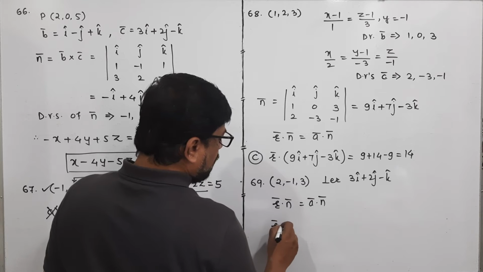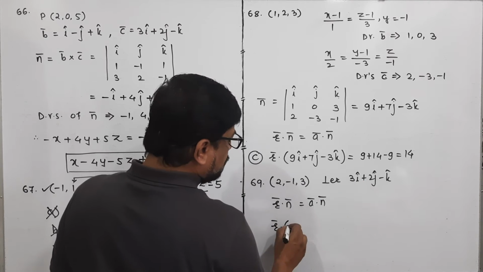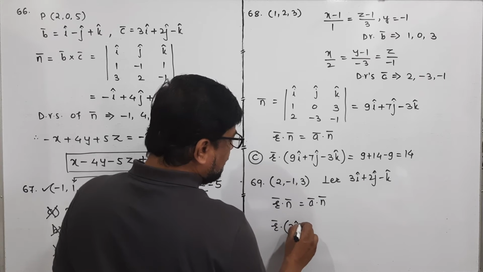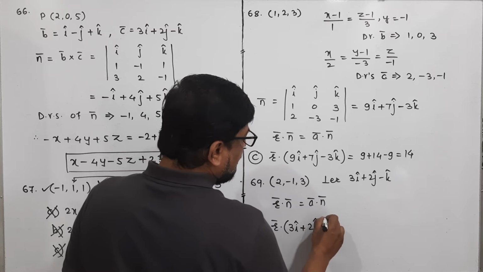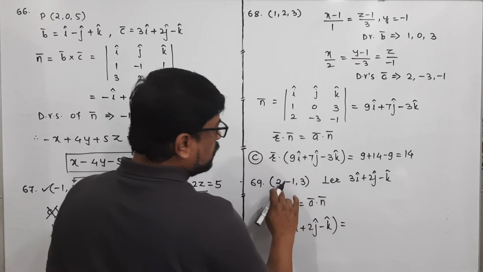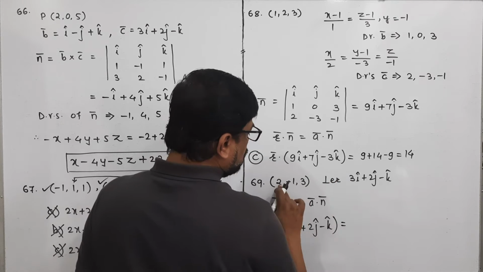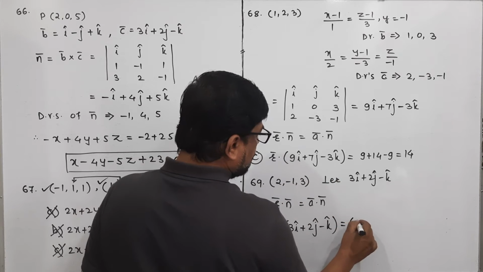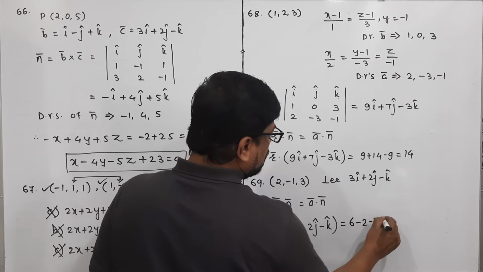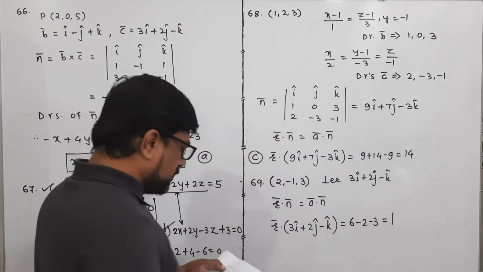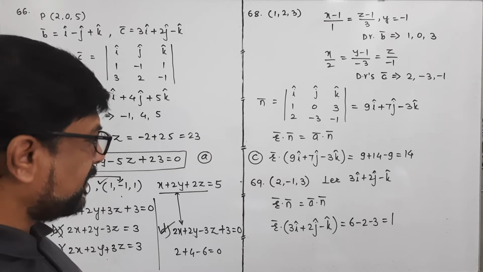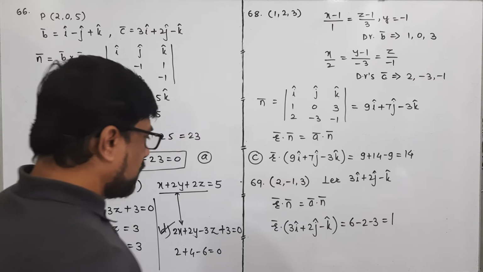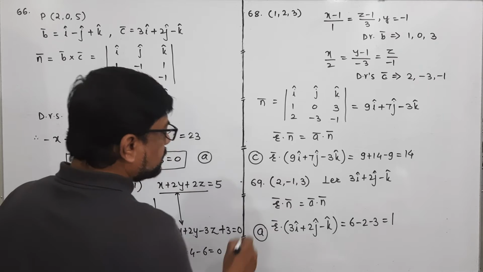R vector dot n vector is 3 i cap plus 2j minus k, because it is directly given as perpendicular. And a dot n means the dot product: 2 into 3 is 6, minus 2, minus 3, that is equal to 1. So r vector dot (3i plus 2j minus k) is equal to 1. Option A is your correct option.